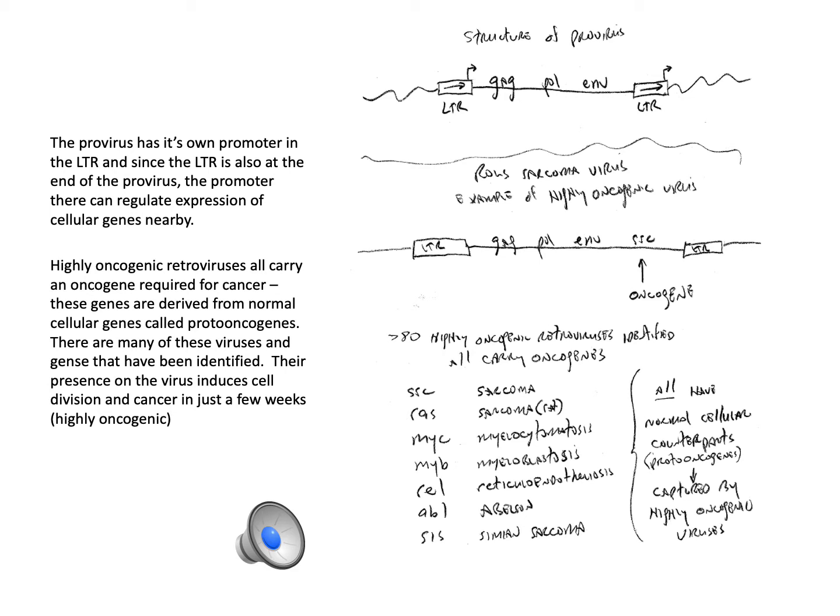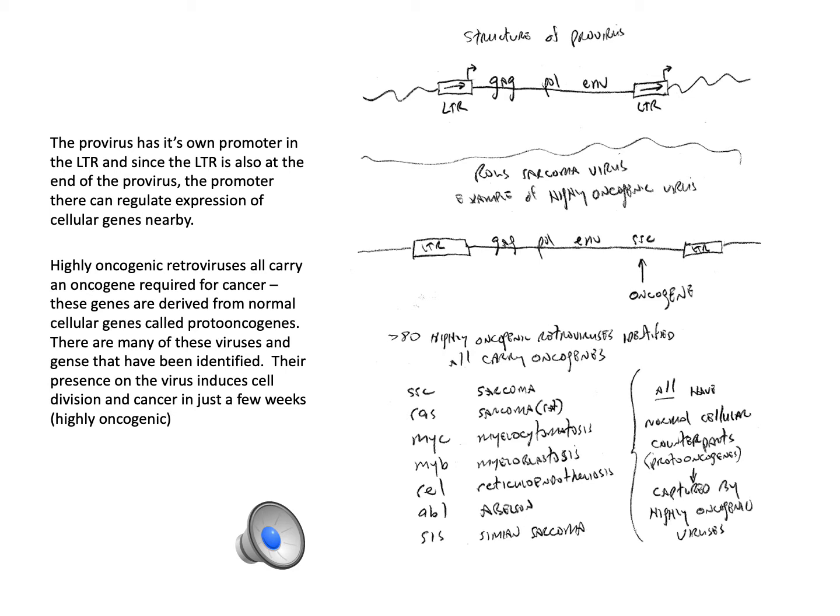So transcription will go and copy through, making RNA through this provirus. Now notice that there's also one on the right-hand side. So there's a promoter and a start site. But that start site is going into genomic DNA. And that's going to be important a little bit later, because this virus can activate neighboring genes.